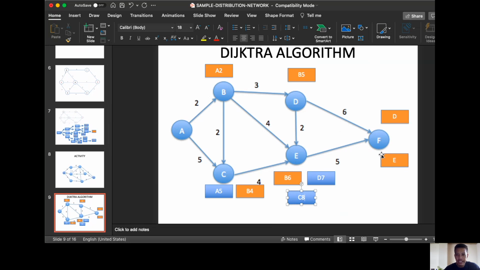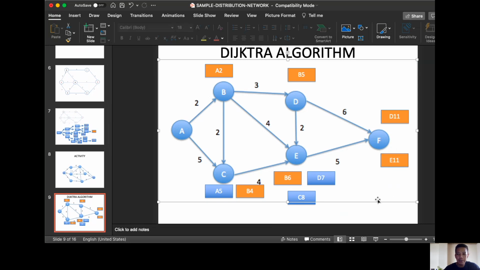And lastly, going to F, from D, that's 5 plus 6, this is 11. And then from E, we choose the lower value, and that's 6. So this is 11.